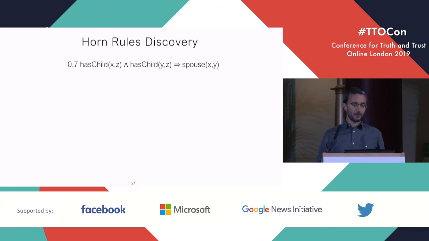Okay, we also discovered positive rules. Those are a different kind of pattern where we basically handle the missing information in the knowledge base. If a child is reported as being the child of two people, they are likely to be married with a certain probability. So, for example, Michelle and Barack Obama have a child in common, so we can derive that they're likely to be married.